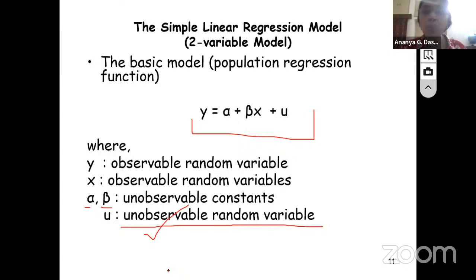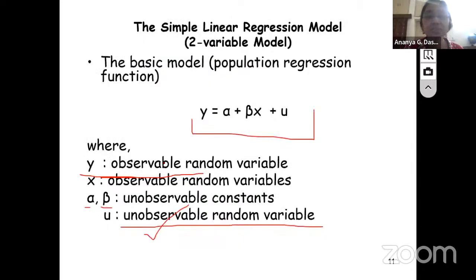But once we have some data and run the regression, what we have is the actual data, the observable y, and we have the estimates obtained from the model, that is, the y hats. The difference between the y and the y hat gives us the residuals.